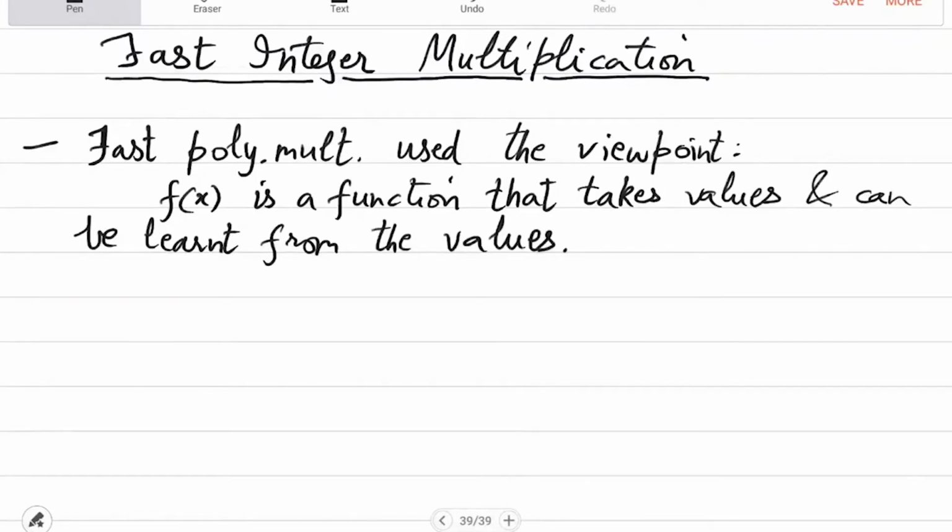So you can call it the functional viewpoint. So instead of thinking of a polynomial as just a sum of monomials, it's actually a function. So function, when you substitute for an argument, you will get a value. And these values are what were used to then multiply in the base ring, hopefully, and then learn the polynomial product for polynomial h.